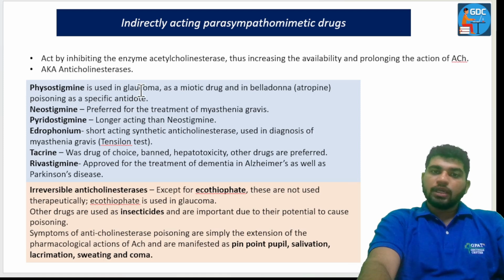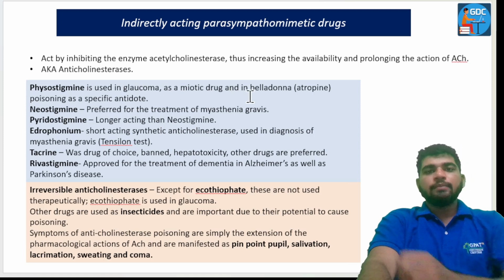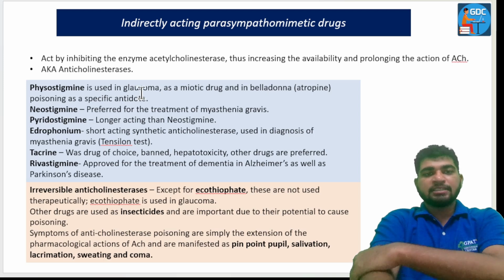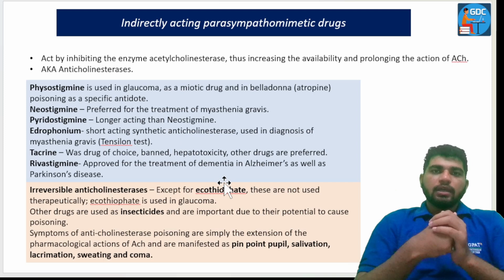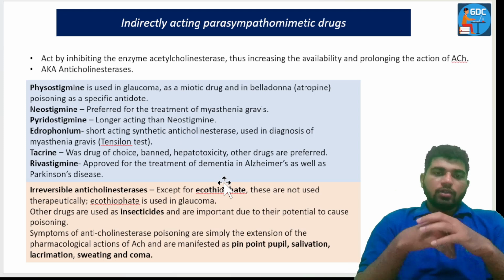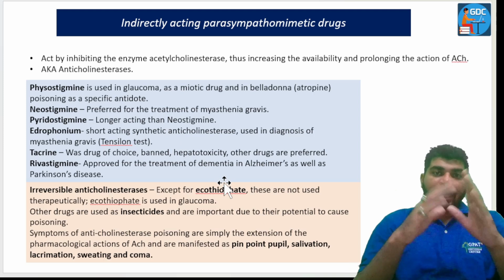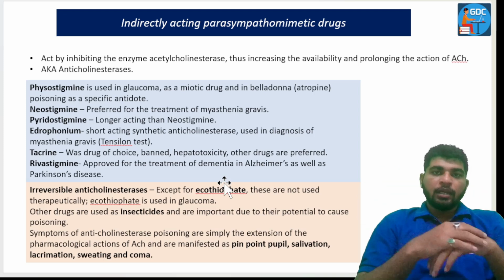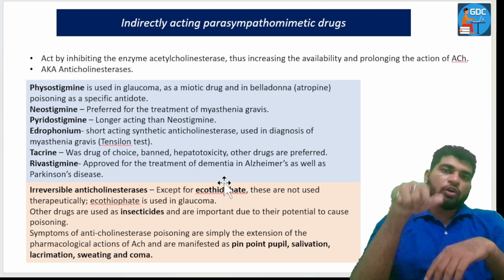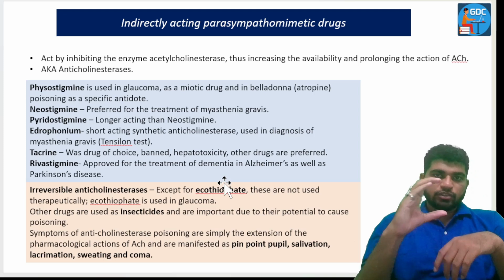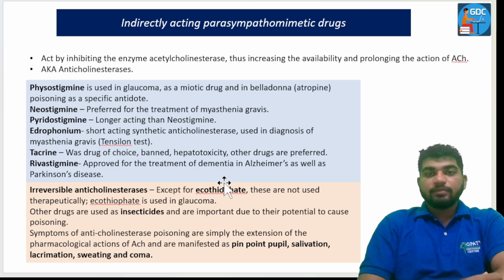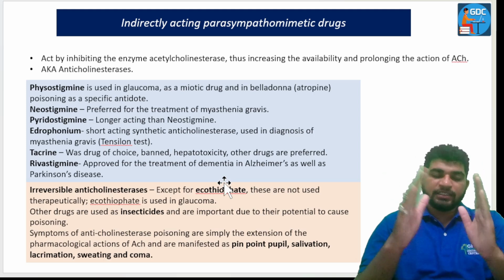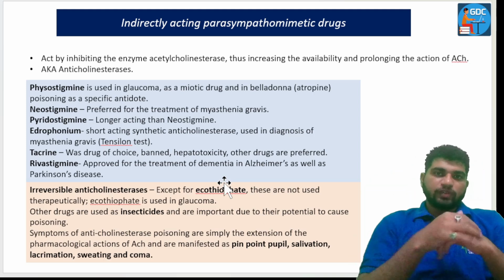Physostigmine is used in glaucoma as a miotic drug, and in belladonna, that is atropine, poisoning as a specific antidote. Because of its cholinergic activity, physostigmine acts through the M3 receptor. M3 receptors are present on the circular muscles of the eye and are Gq mediated.